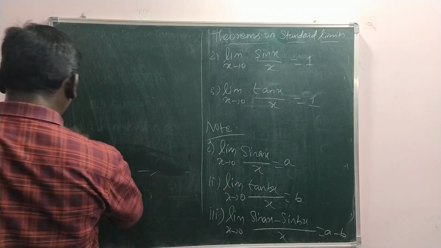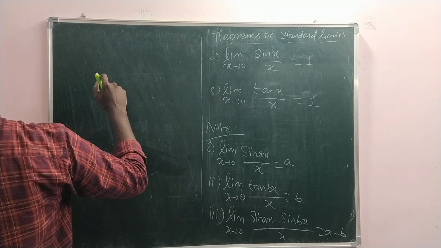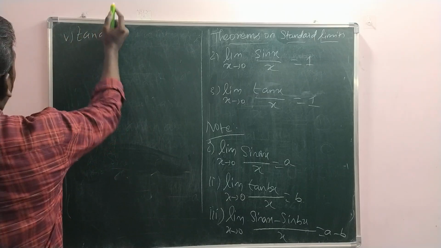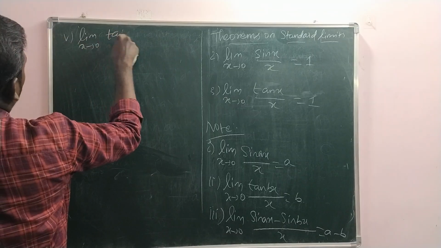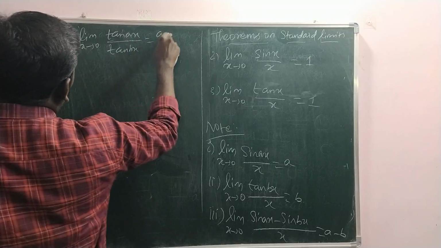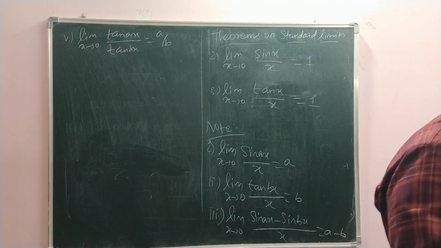And we have a few more results also. All are easy only. Simply say limit x tends to 0, tan ax by tan bx is equal to a by b. Then guess what?